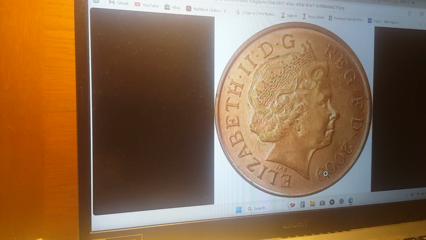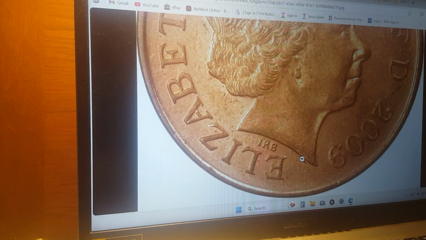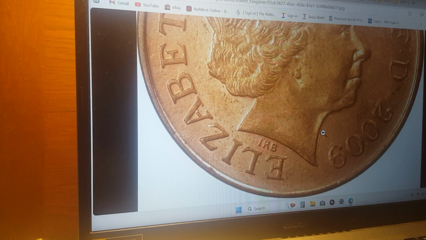And there's your 9. Now that looks even more completely different. Now, I'm not going to poo-poo the Coin Club, because I think they've done a very good job. They're using the coins you can see that have been in circulation. They're not using the stock from the Royal Mint.